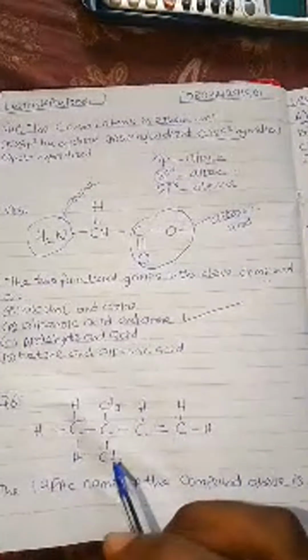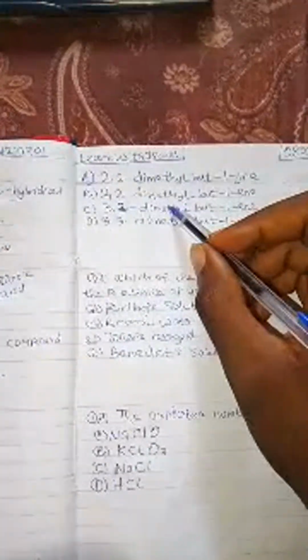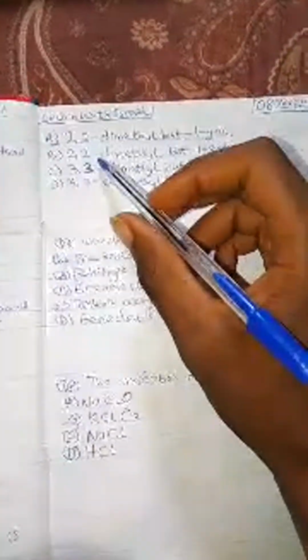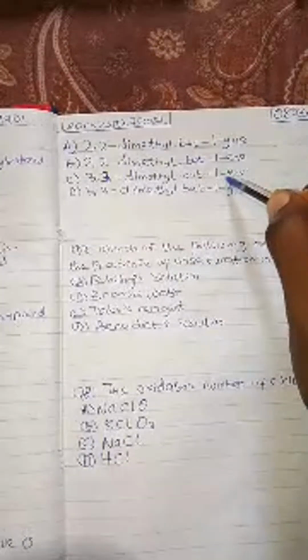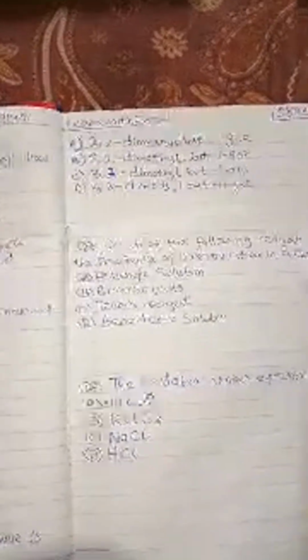Question 6. This question is an organic chemistry question. The IUPAC name of the compound above is A. 2,2-dimethyl-but-1-yne, B. 2,2-dimethyl-but-1-ene, C. 3,3-dimethyl-but-1-ene, D. 3,3-dimethyl-but-1-yne. So the first thing is to count and check the lowest number.